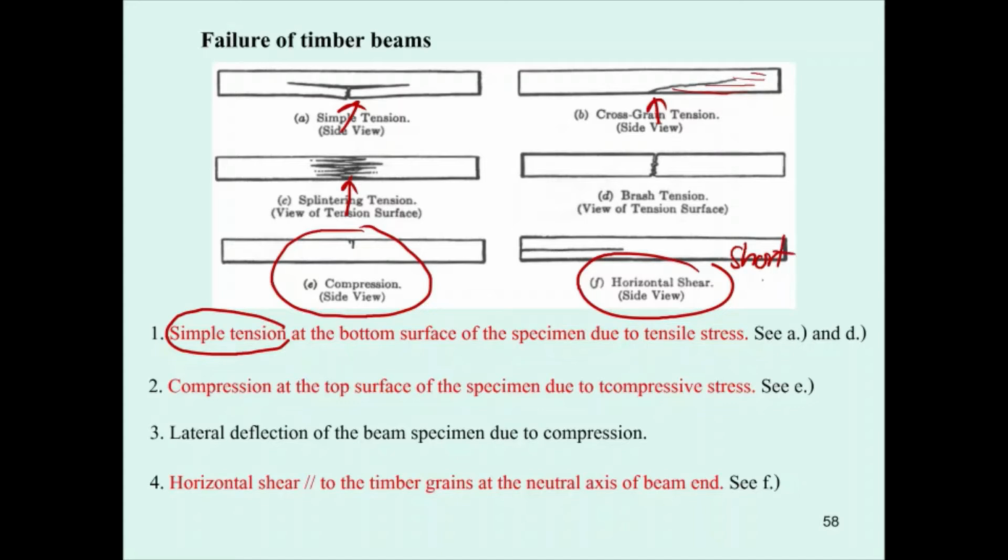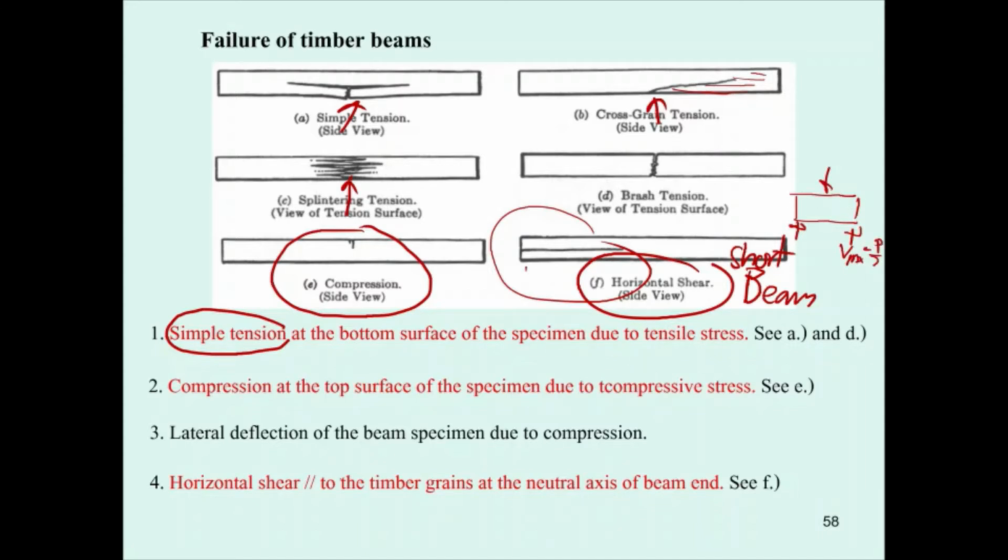We can design the experiment so that the beam fails by horizontal shear, and you can go to the book of Hibbeler and find why the beam fails like this. Because the short beam is going to have a large V max equal to P over 2.